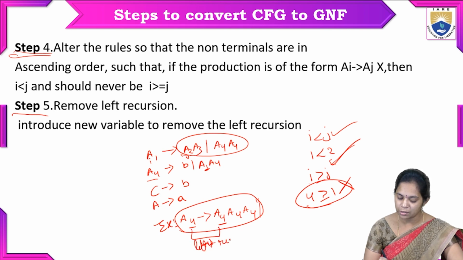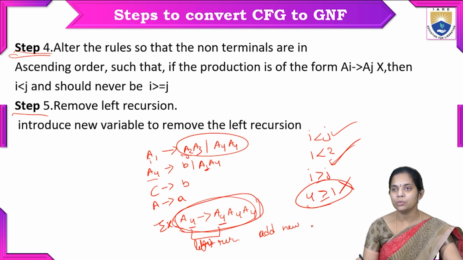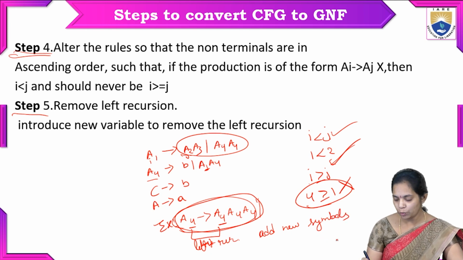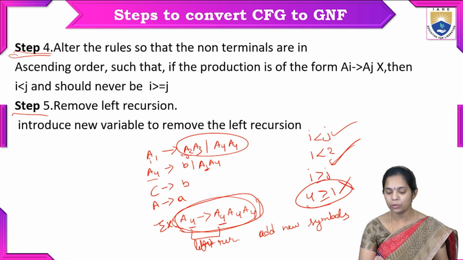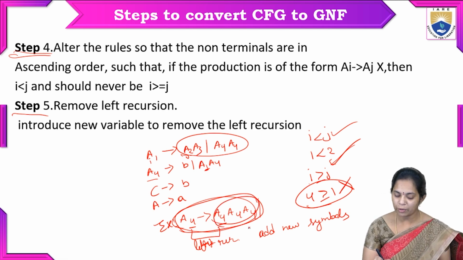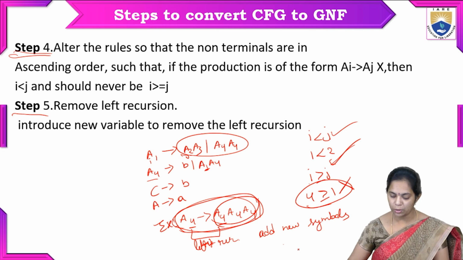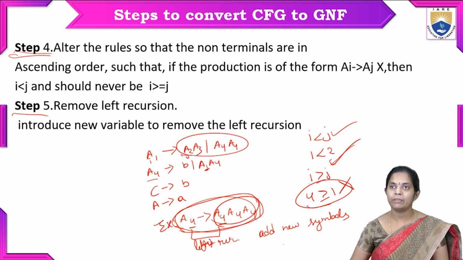In left recursion, we have to add a new symbol, a new variable, remove this entire production, and substitute it with the new production rule. We will discuss this type of conversion more with the example.